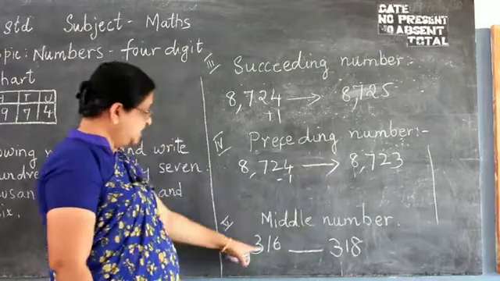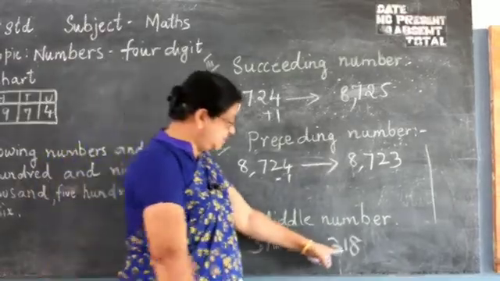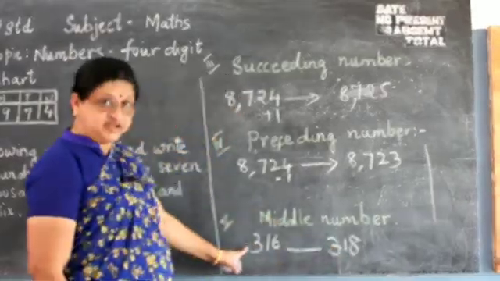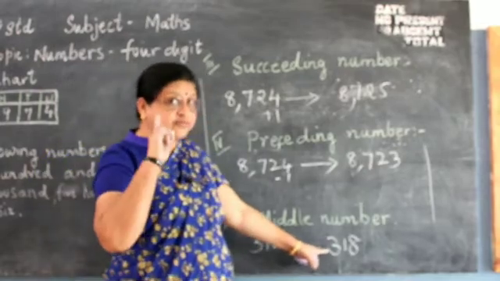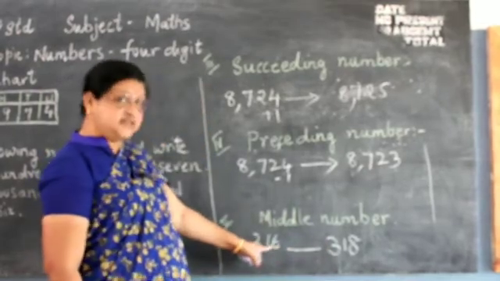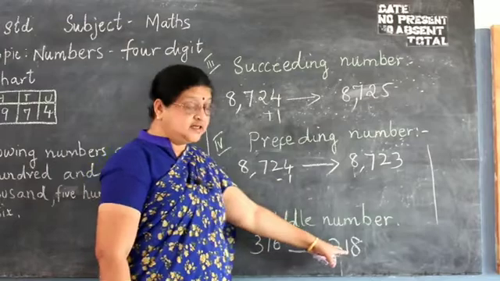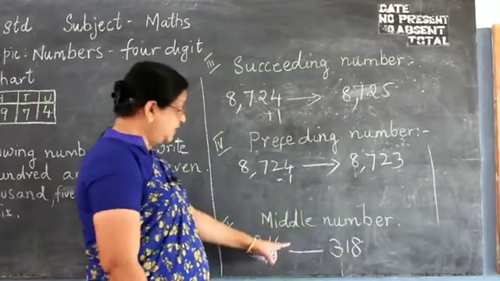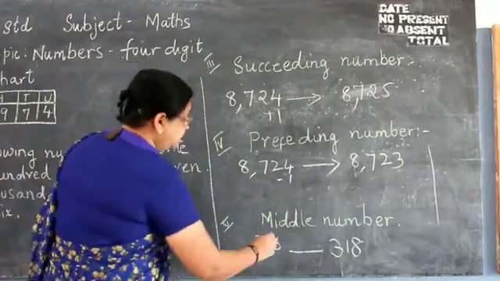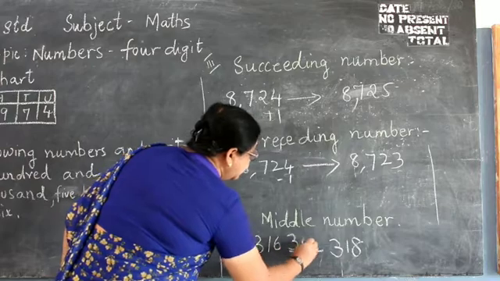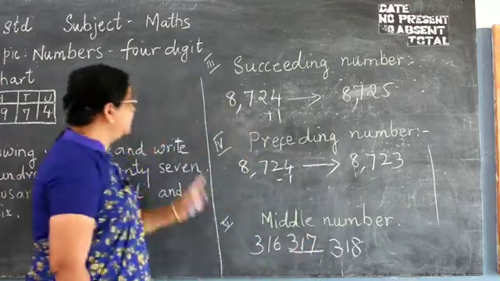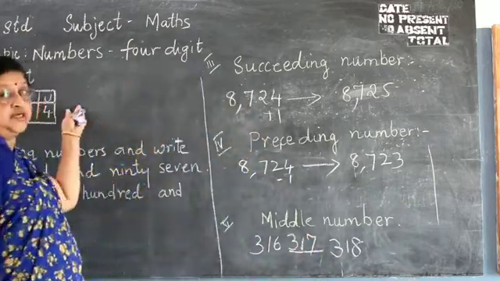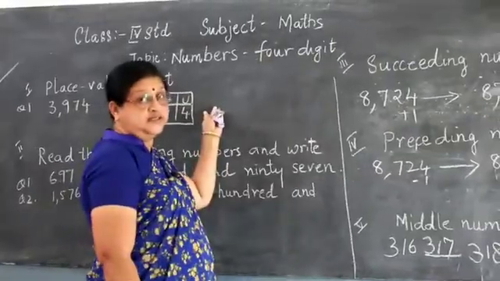Tens digit 1, tens digit 1. Hundreds digit 3, 3. So you should use your brain. Oh, units digit is a 6, and here it's 8. So it will come as 7. So it will be 317. That is why you have to know the place value chart as you go to higher numbers.